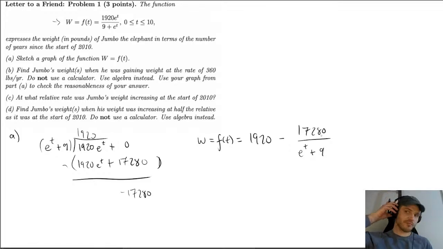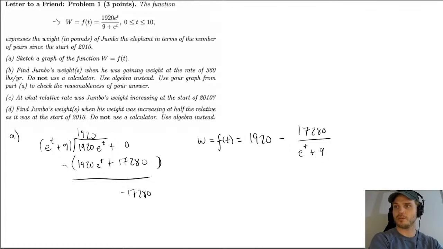So if you think about what this would look like, this is essentially a decaying function. And it's negative, so it's reflected across the, no, that would be reflected across there, and then shifted up by 1920. So let me double check myself on Desmos and make sure I know what I'm talking about.